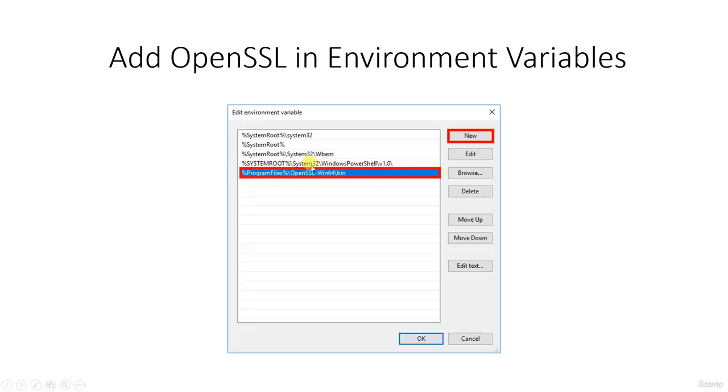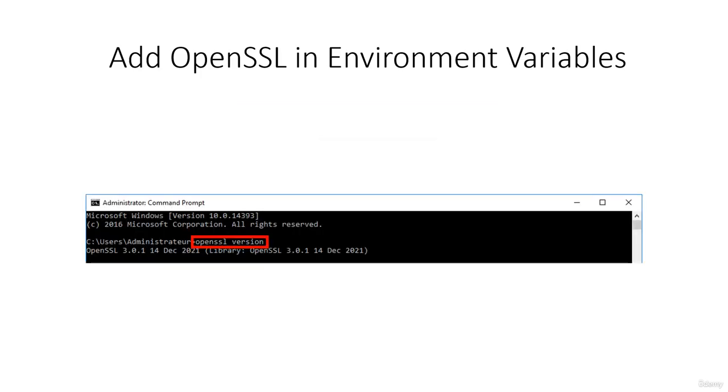Make sure you don't forget to add this. This is the important part. Click New, then simply type this line that you are seeing in this picture, and after that simply press OK. What this will do is add OpenSSL to our environment variable. After that, press OK to close all this, and then open a new Windows command prompt to check if you can run the OpenSSL command.